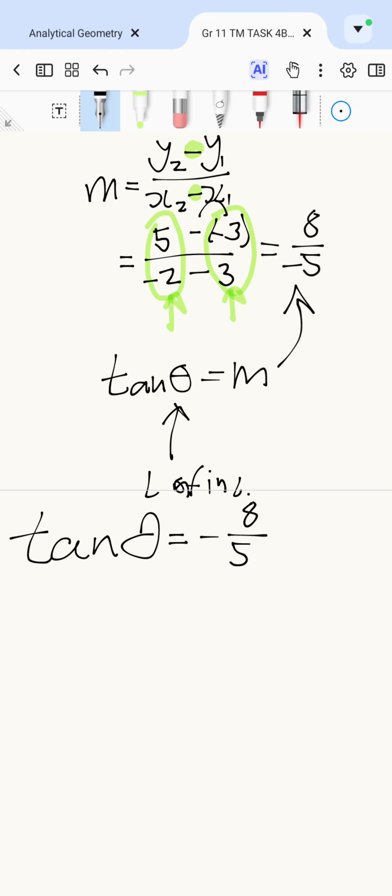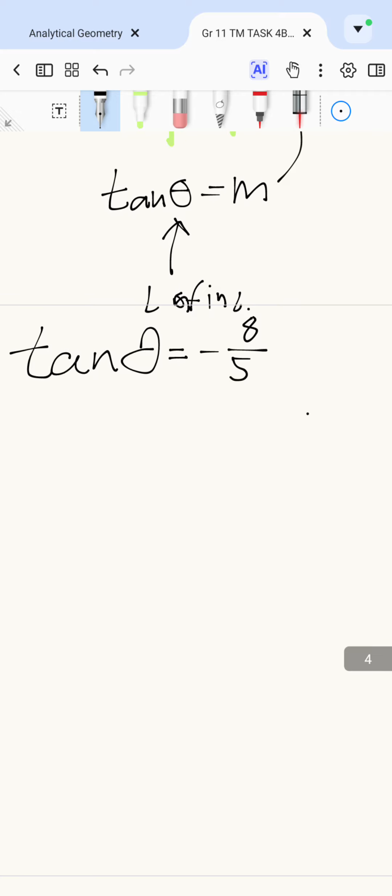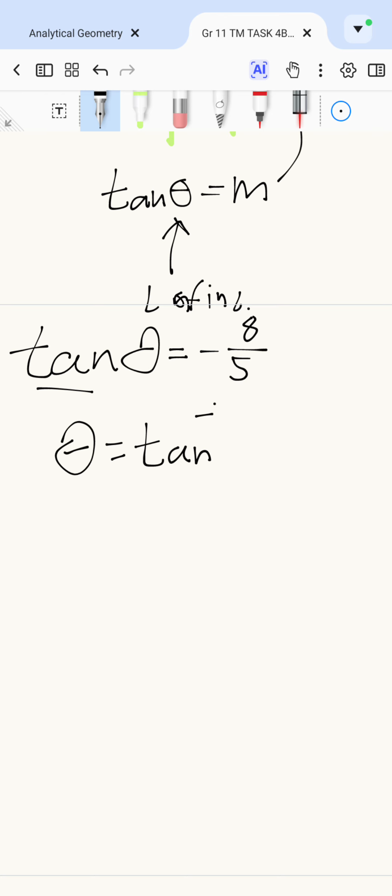Now what we're going to do is get rid of tan. How do you get rid of tan? You do arctan. On your calculator, you're going to press shift tan. So theta is going to equal arctan, and I'm going to ignore this negative and just put the 8 over 5 in my calculator. Then I'm going to get a value.